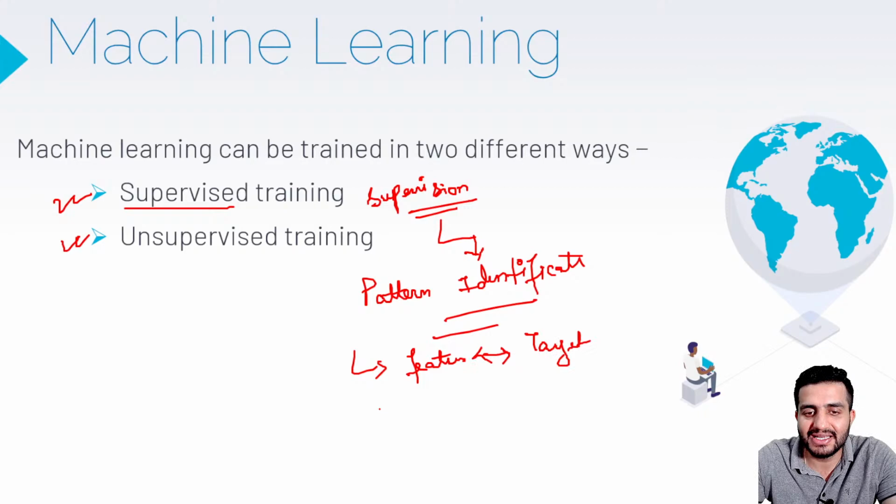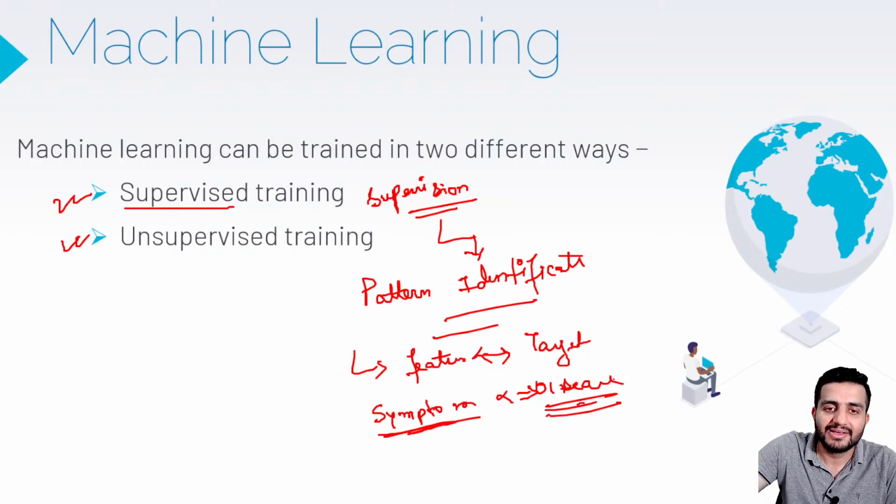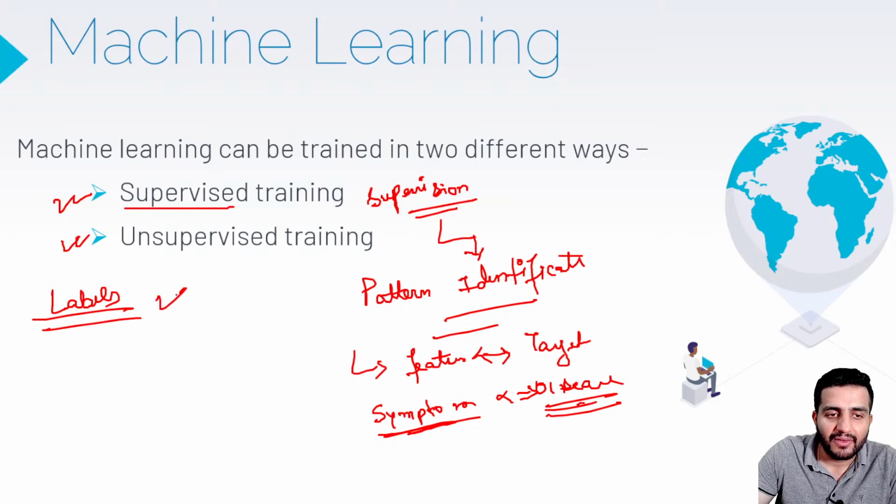So symptoms are having a relationship with my disease, right? So that is what we're going to look at, and that is what is important as well. Supervised learning, that is where we're going to say that each of these symptoms is now related to my disease. So a feature set is actually related with my target. So a data set where we have the target or the labels available, we're going to say that this is nothing but a supervised method.